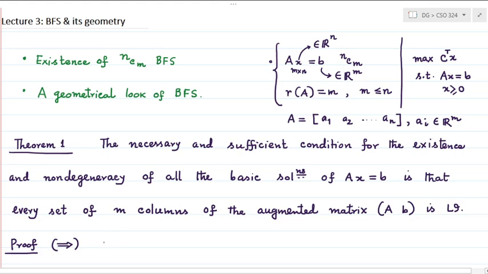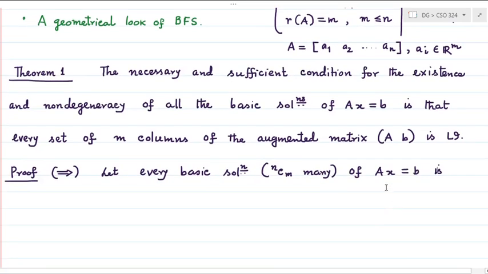So start with: let every basic solution, and how many basic solutions do you have? nCm many. Every basic solution of Ax equals b exists and is non-degenerate.